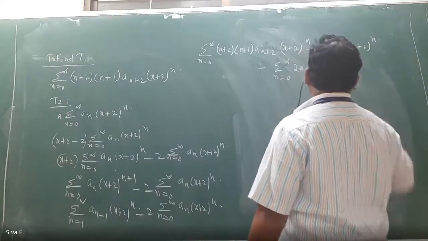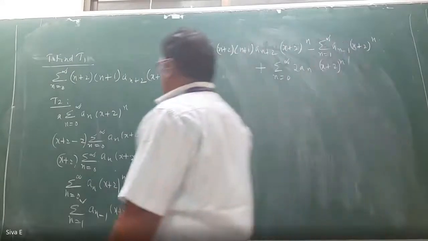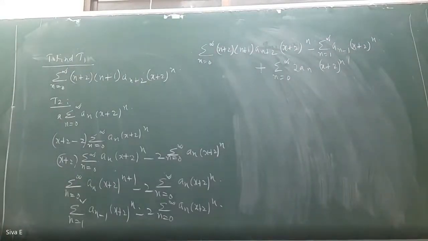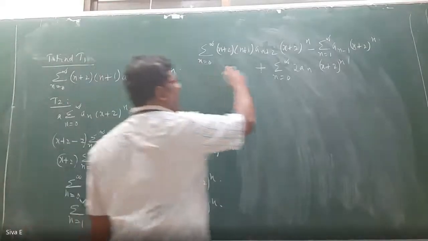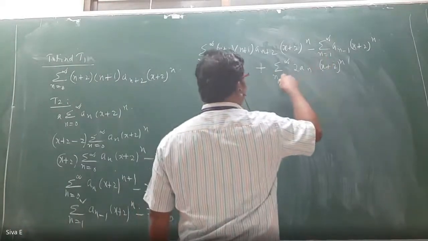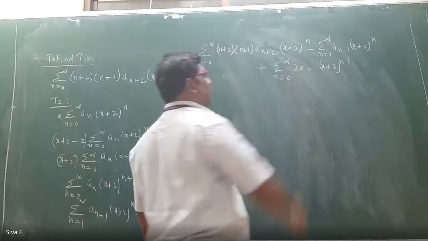Okay. Here you can see that n equal to 0 to infinity, n equal to 1 to infinity, n equal to 0 to infinity. Then what is the next step?